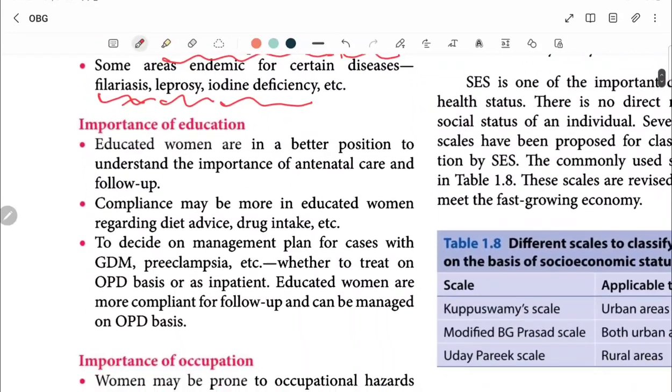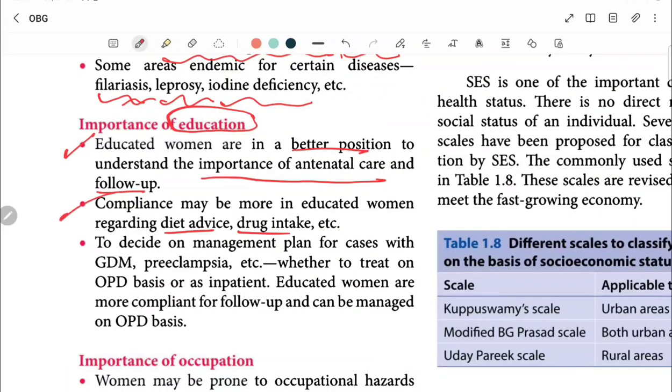So what is the importance of education? Why do you ask for the education of the woman? Educated women are in a better position to understand the importance of antenatal care and follow-up. Compliance may be more in educated women regarding diet advice and drug intake.